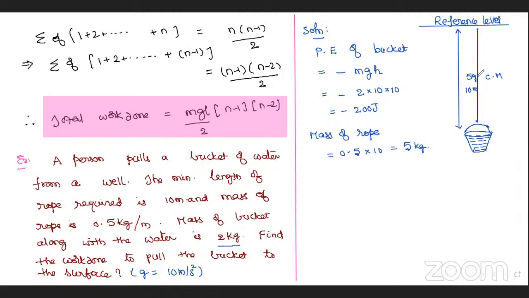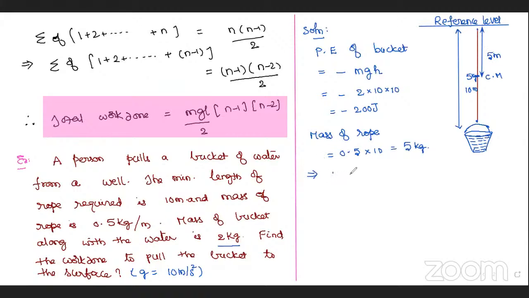It is at the center of mass. At center of mass means, from the reference level, it is at what depth? Is it at 10 meters depth? Yeah, 5 meters depth. Correct. This is at a depth of 5 meters.